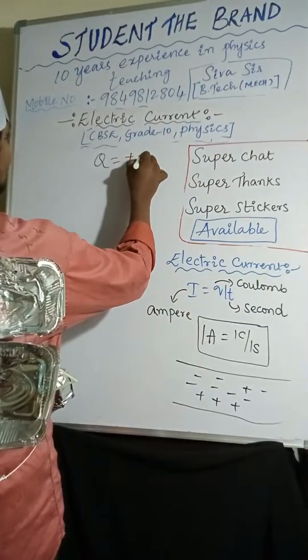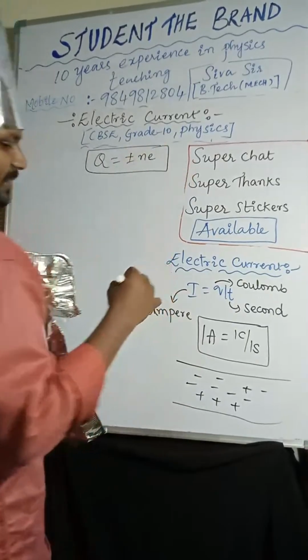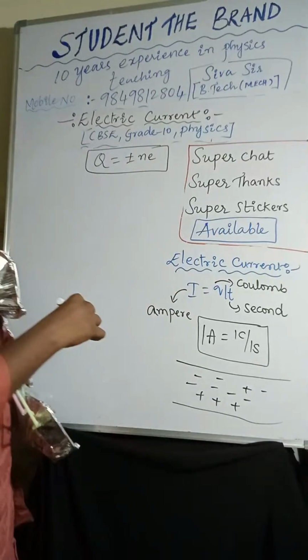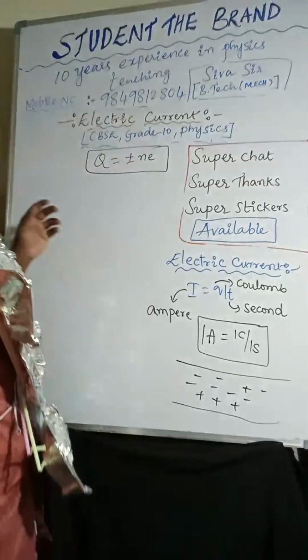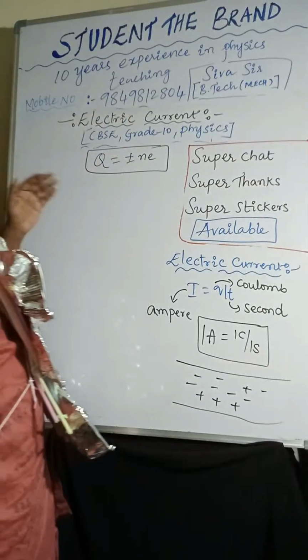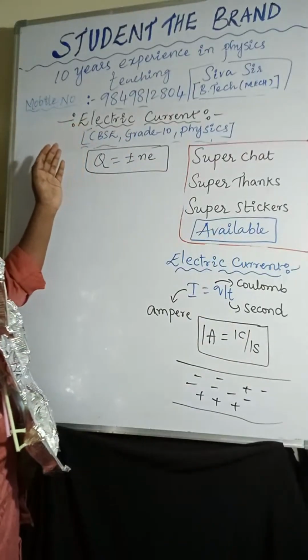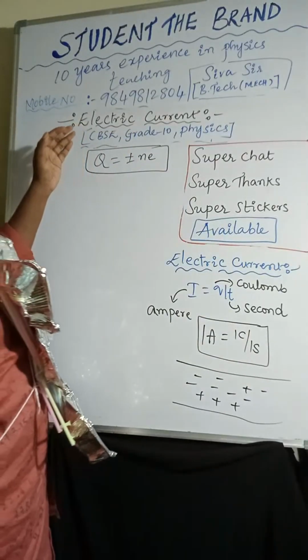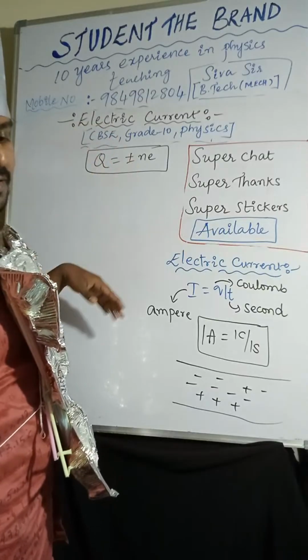Why are we taking plus or minus Ne? Here n is the number of charges moving inside of the conductor. Plus or minus means either positive charge or negative charge.